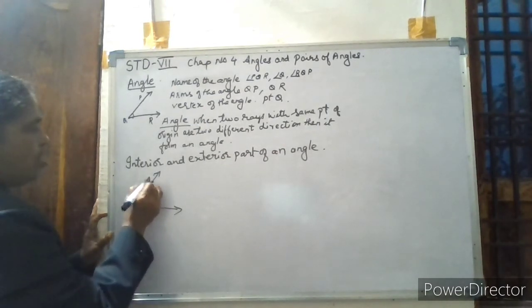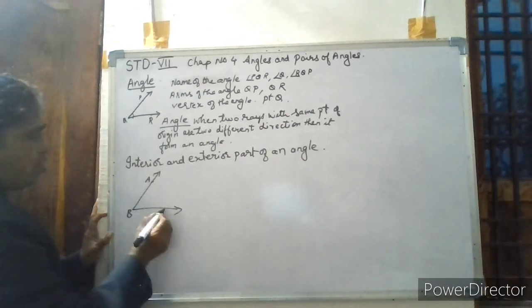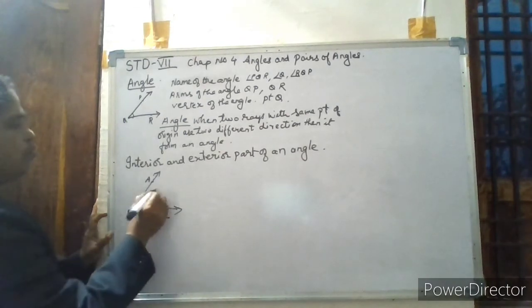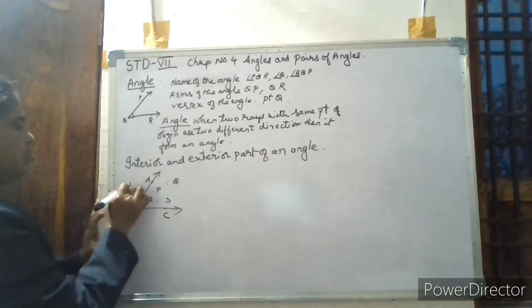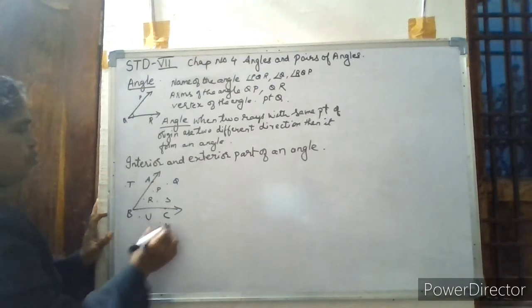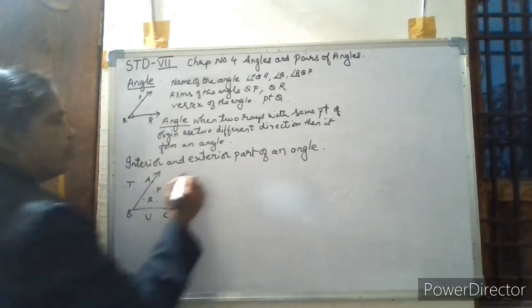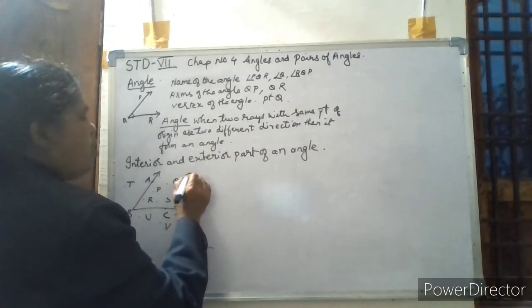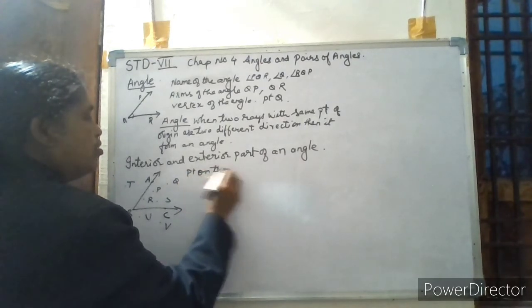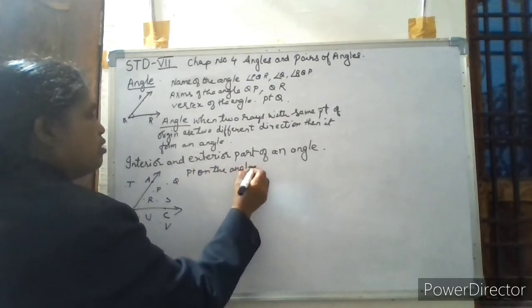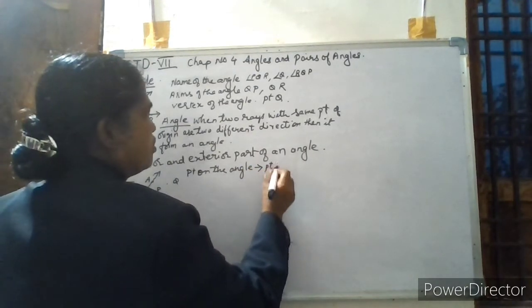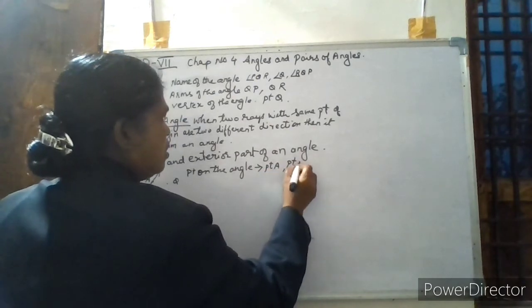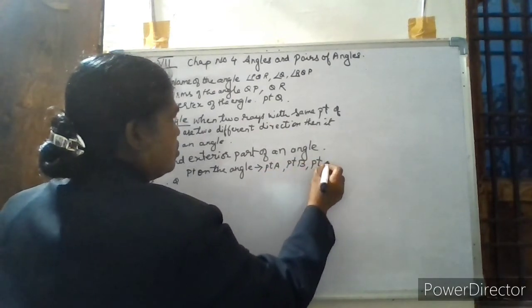This is A, B, C. Points P, Q, R, S, T, U, V. Now, points on the angle. Which are the points? Point A, point B, and point C.